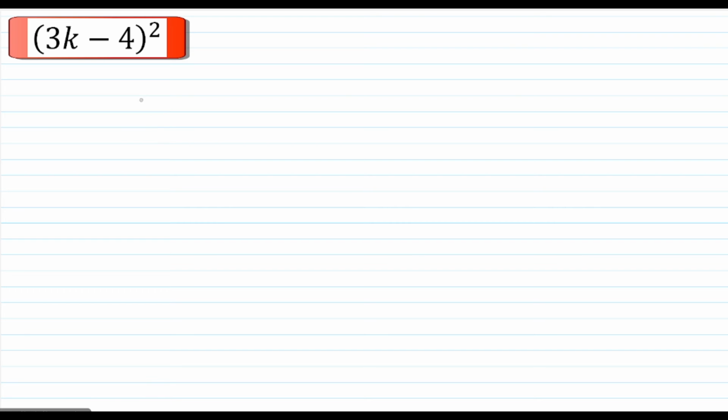So, the square of 3k minus 4. Paano nga ba kunin ang square of 3k minus 4? So, yun pa rin. SDS, di ba? Square, double, square. So, 3k, rewrite lang natin, minus 4, and squared. So, we have 3k squared.